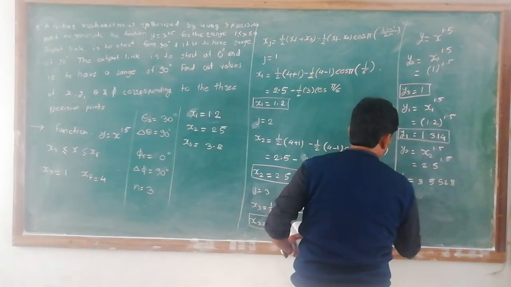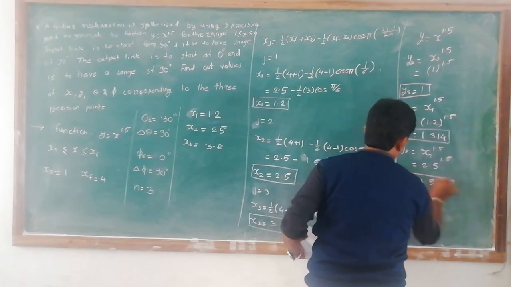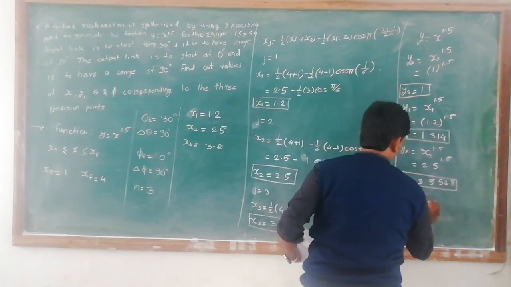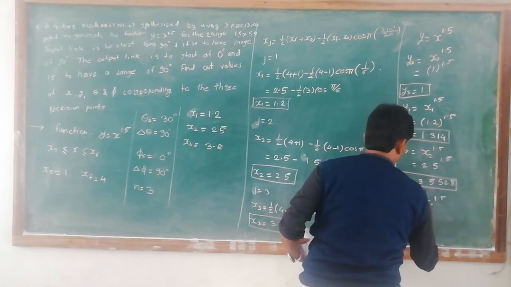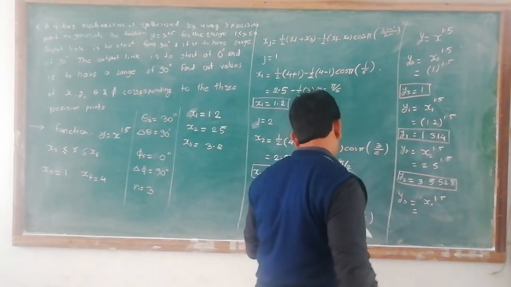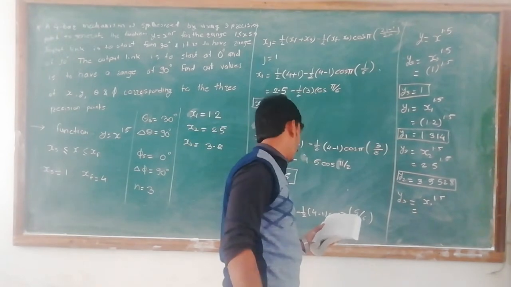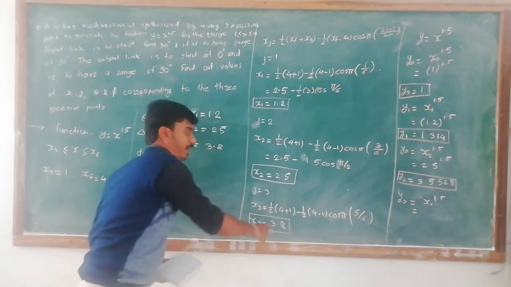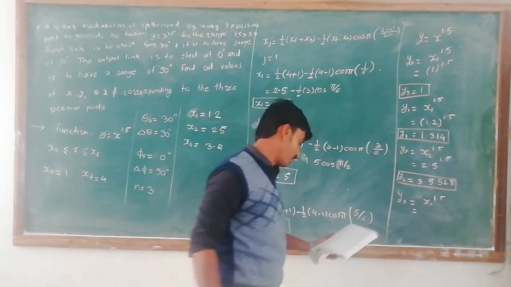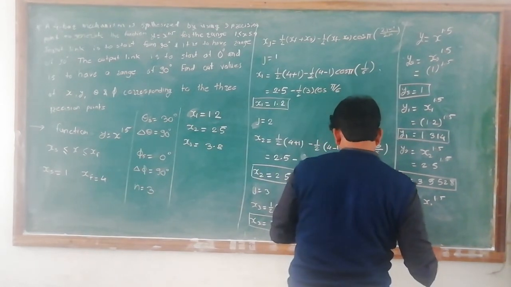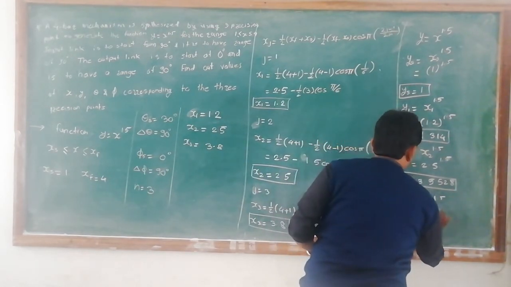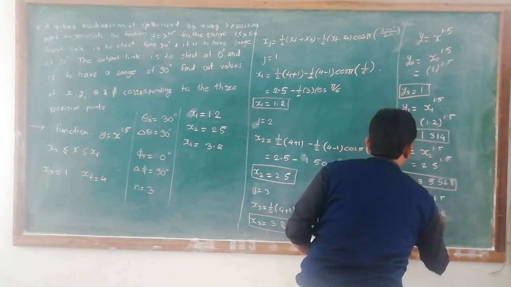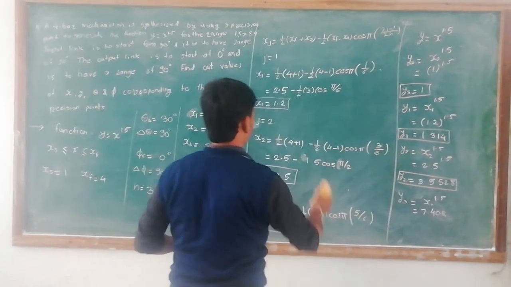Now y3 is equal to x3 raised to 1.5. x3 is equal to 3.8, so 3.8 raised to 1.5, and we will get y3 is equal to 7.408.